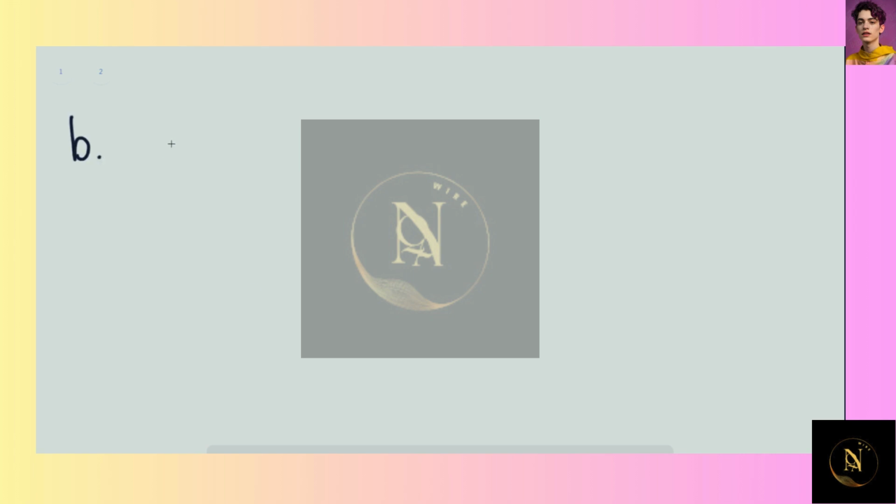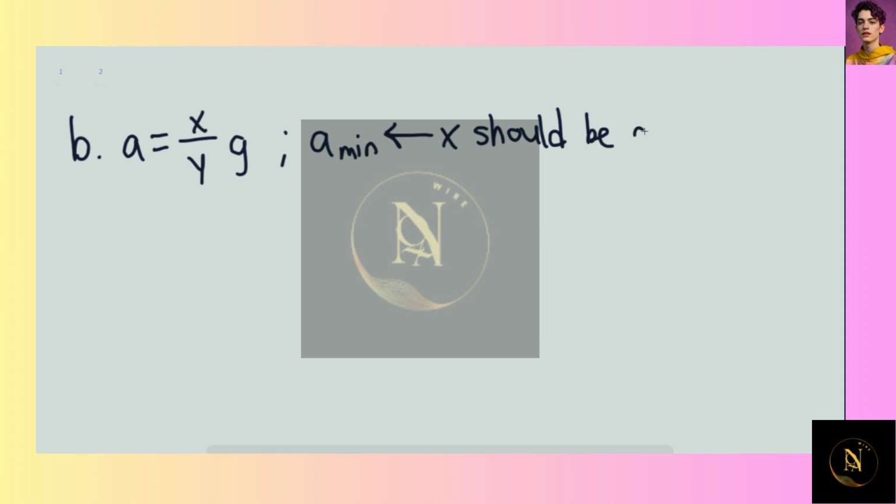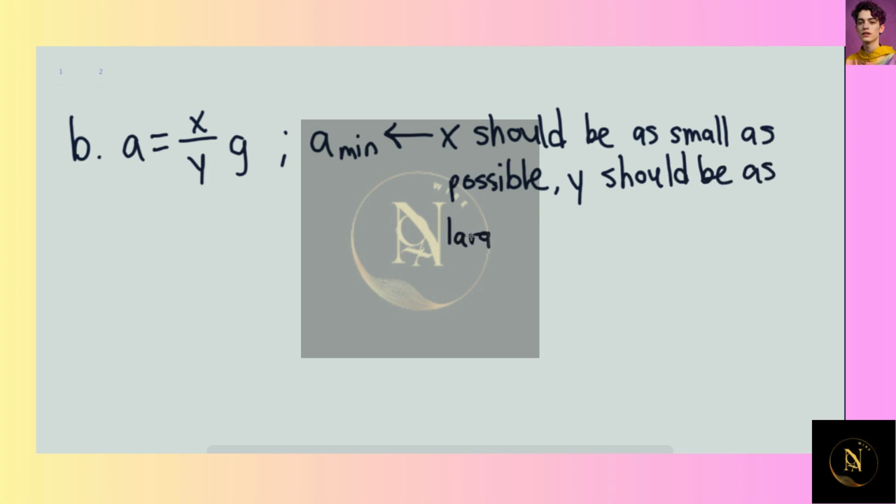For part B, based on the form of the solution for the acceleration, a equals, again, x over y times g, we can say that in order to minimize the acceleration, a min, x should be as small as possible, and then y should be as large as possible.